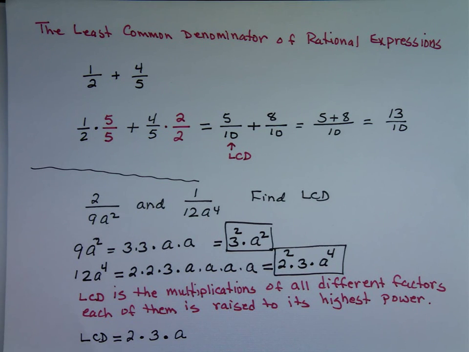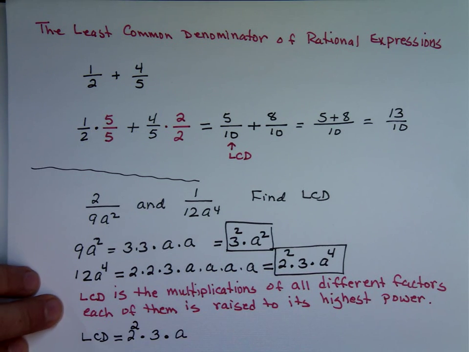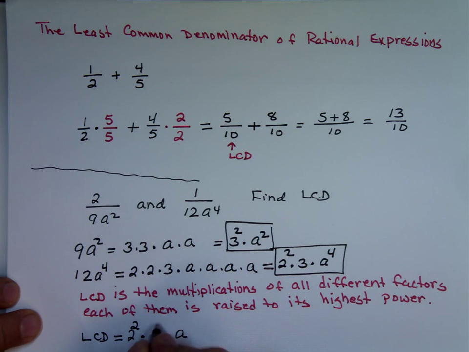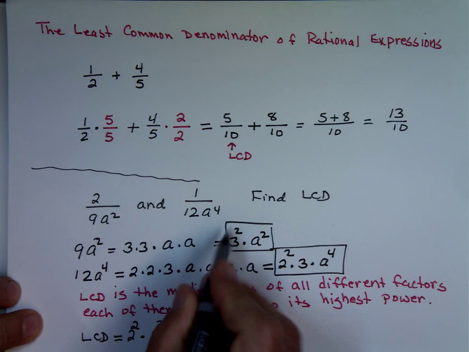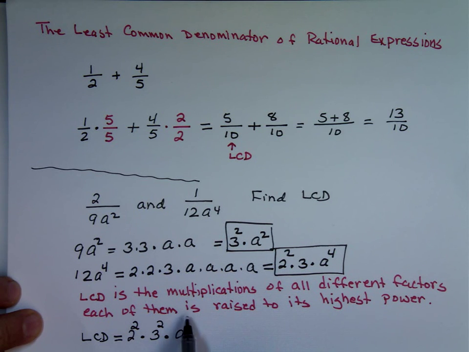And the highest power of 2 is what? The 2 here. The highest power of 3 is 2. Notice, I don't look at them combined. I look at each one. Each is raised to its own highest power.